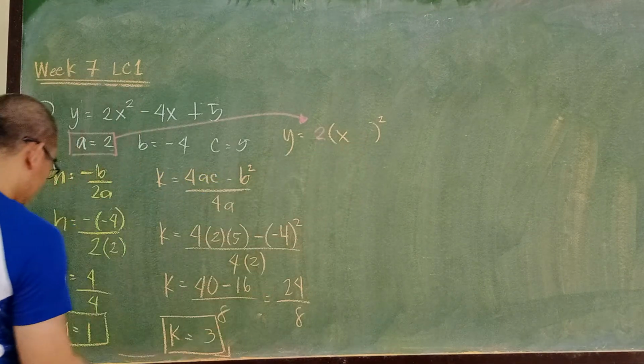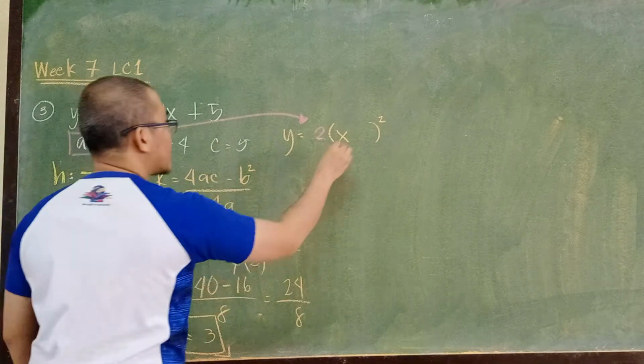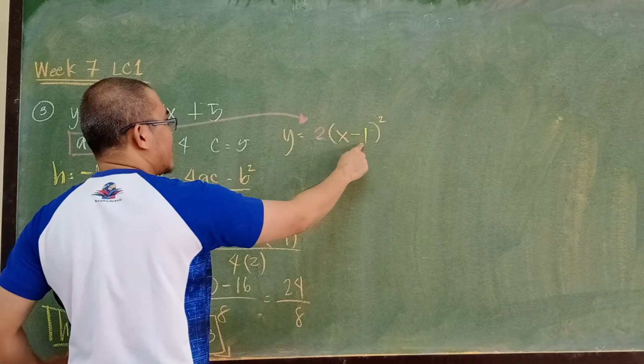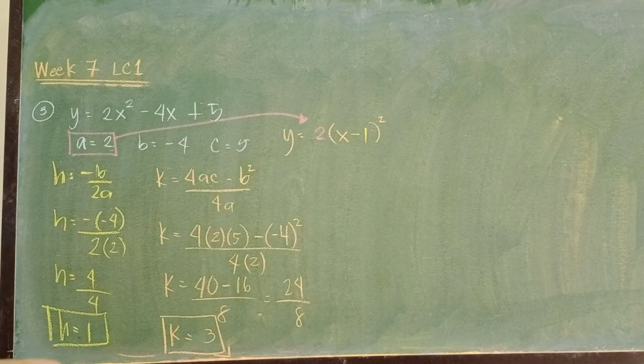Yung H, which is this one, is negative 1. Kung positive yung H natin dito, yung value ng H natin dito will be negative. Magkabaliktad yung sign. So in case na this is negative, this will be positive.